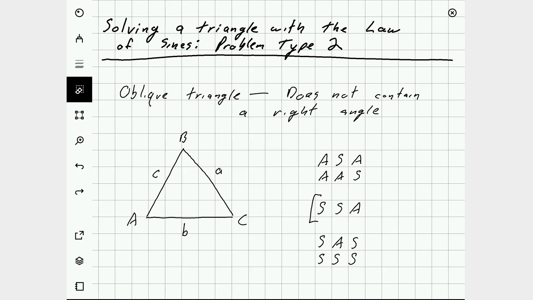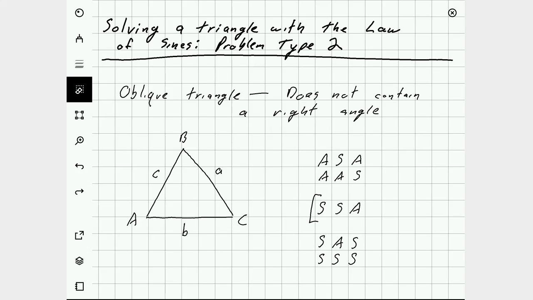We're still going to be looking at a naming convention of sides having lowercase letters opposite the angle that has the capital letter. And we have the 5 ways we can classify triangles. ASA and AAS, when you have 2 of the angles in a triangle, is what we talked about in problem type 1.